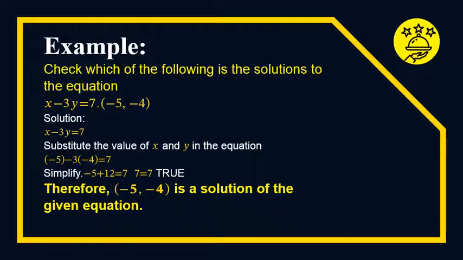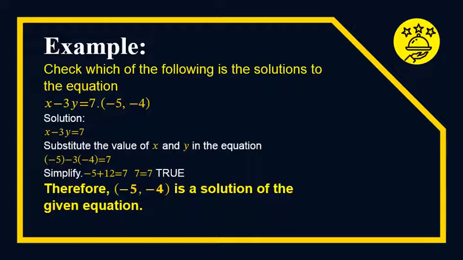So you're going to substitute the values of x and y in the given equation. So x is negative 5, then y is equal to negative 4. So we have -5 - 3(-4) = 7. Then let us simplify. -5 + 12 = 7.